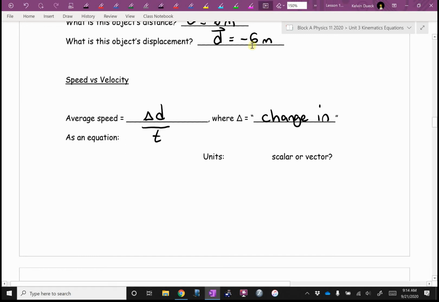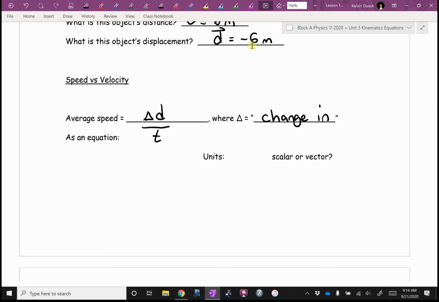I moved things around. It used to be on the top right. What's change in anything? Final. There's something between them. There's a mathematical symbol there.